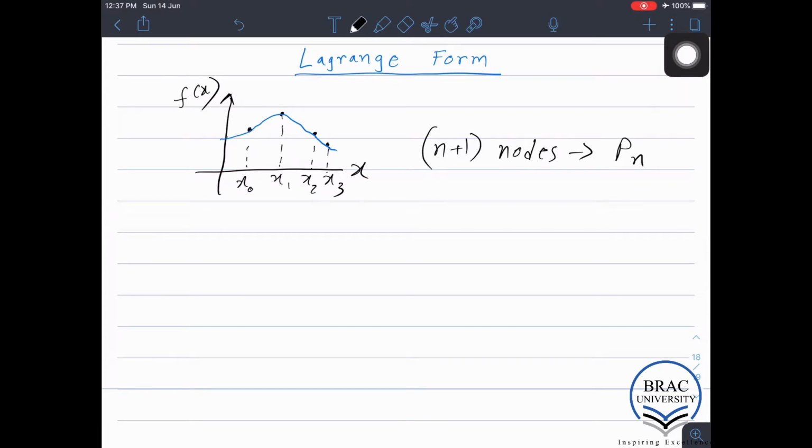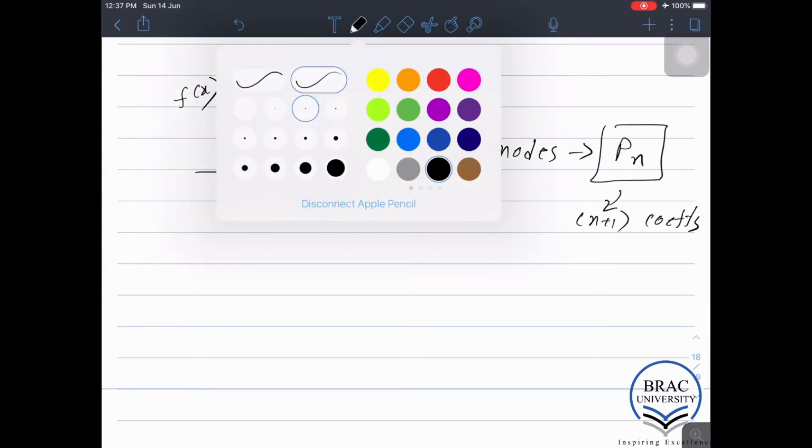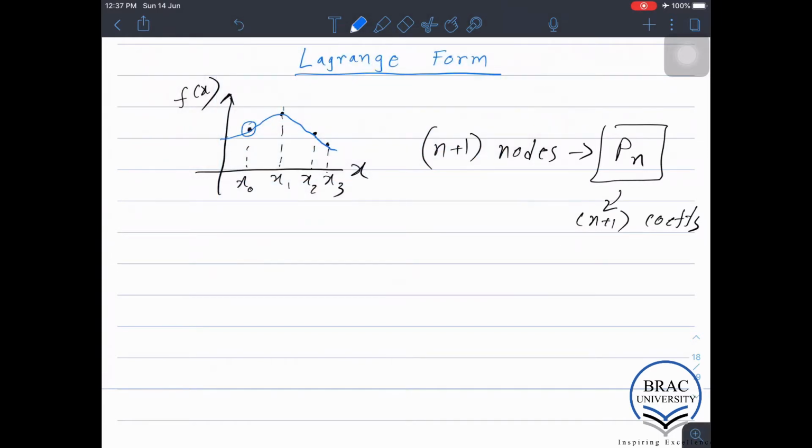To find this degree n polynomial, we have to calculate n plus 1 coefficients, and these coefficients were found by using the condition that the value of the function at these nodes is equal to the value of the polynomial. What we saw is that we had to solve a Vandermonde matrix when we impose this condition, and either by finding an inverse or by Gaussian elimination, we can solve it.